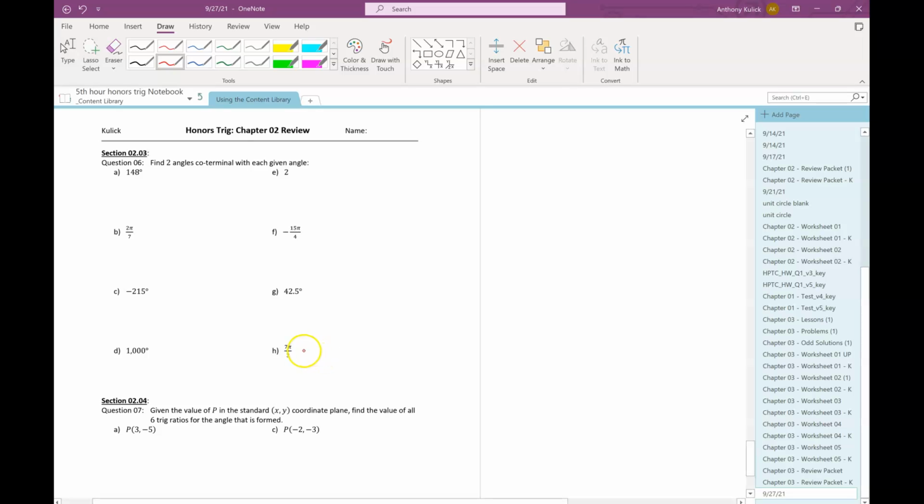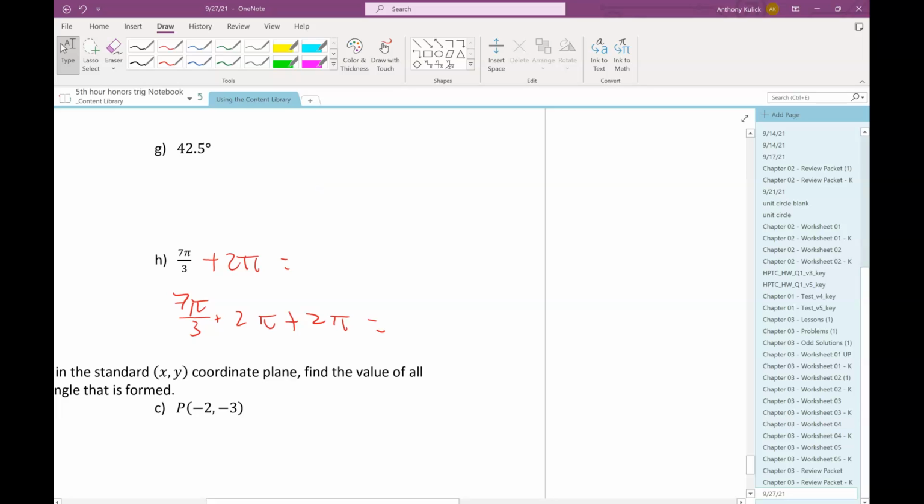So I'm just going to add 2 pi one time to get my first one, and then I'm going to add 2 pi two times to get the second one. Or could you do one with plus 2 pi and the other one subtracting? Absolutely. Absolutely.